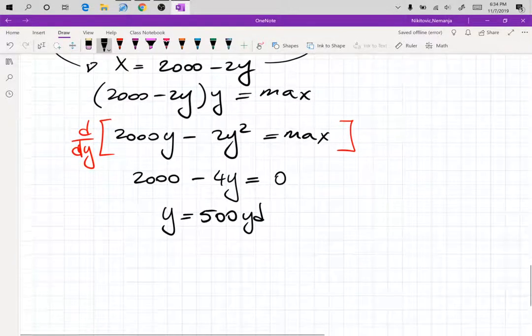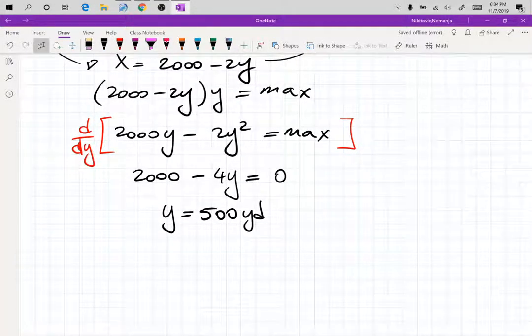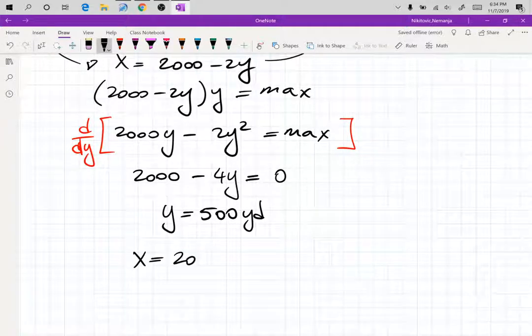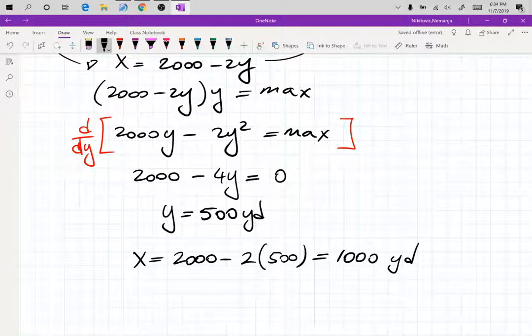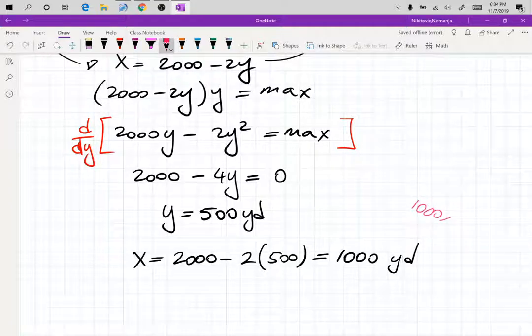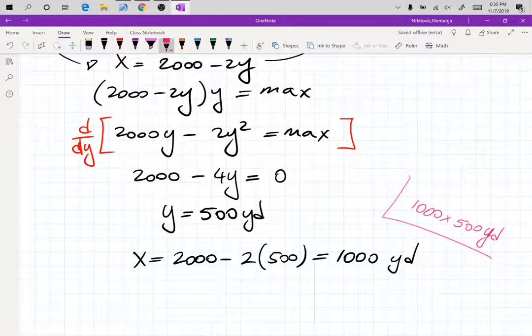Again, do not despair. x equals 2,000 minus 2y, which is 1,000. So there we go. So the new dimensions are 1,000 by 500 yards. Those are the new dimensions for the farm.